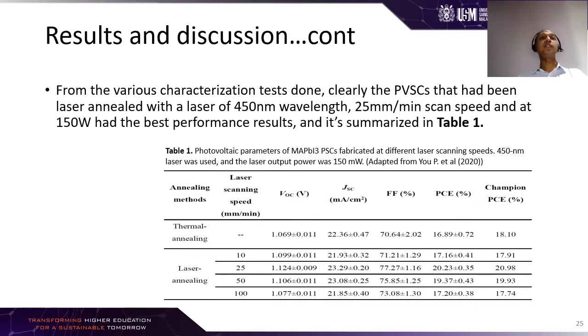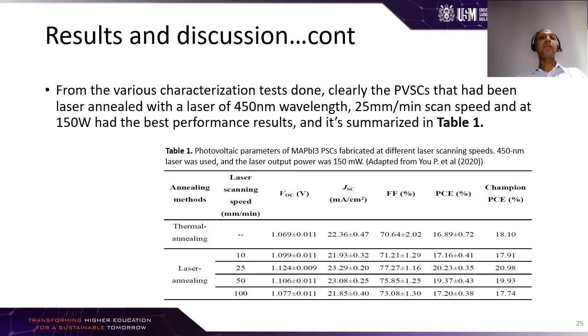Now, moving on to further results from this table over here, which summarizes the various categorization and data: the open circuit voltage, the current density J at short circuit, the fill factor, and the power conversion efficiency, and of course the champion power conversion efficiency among the various builds.